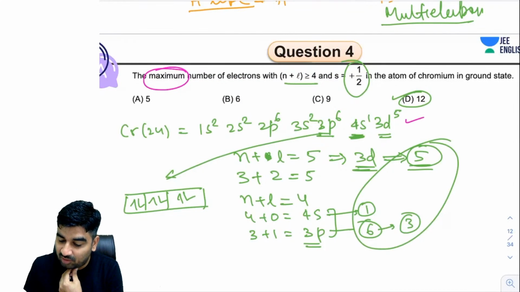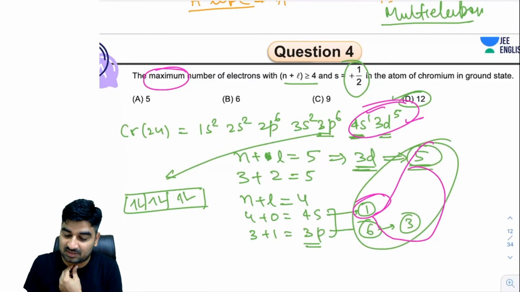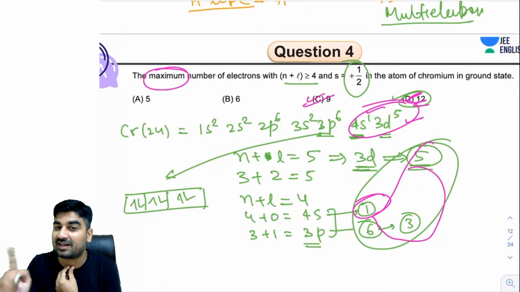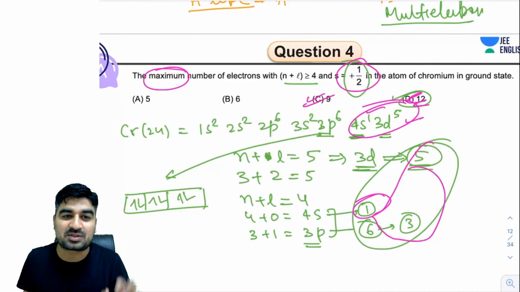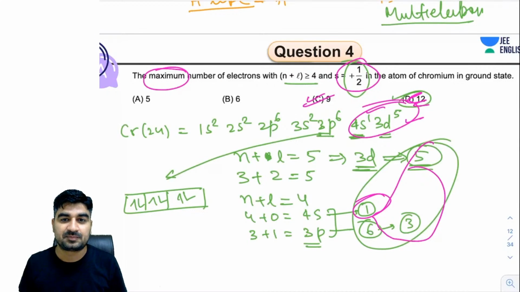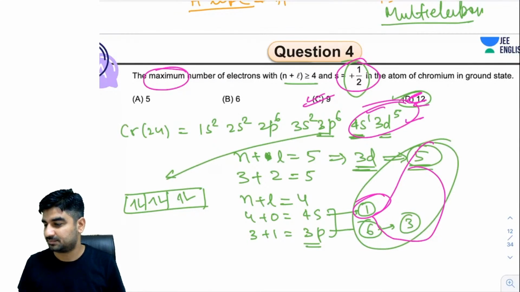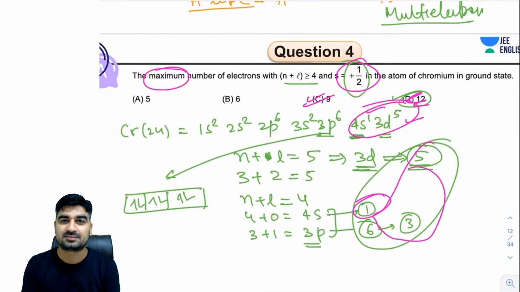So all these are plus half. So 5 plus 3 plus 1, the answer will be 9. So C is the correct answer. You forgot to see this plus half. You got it? It was also a tough problem.